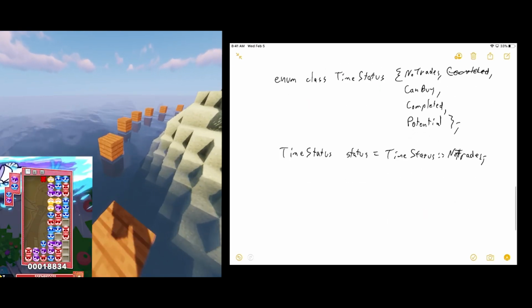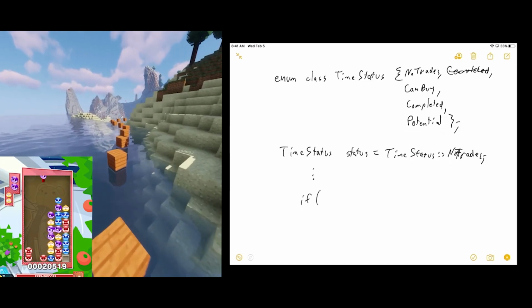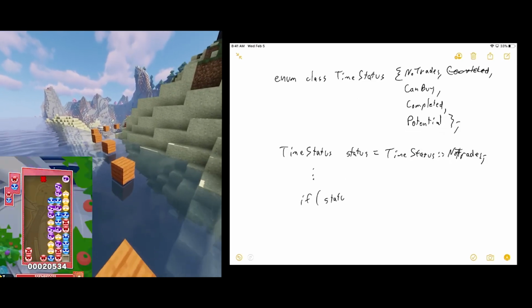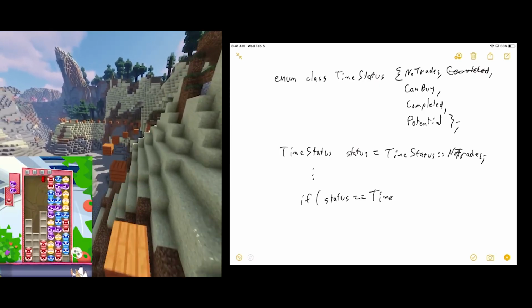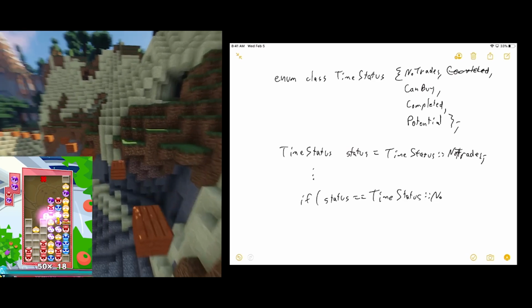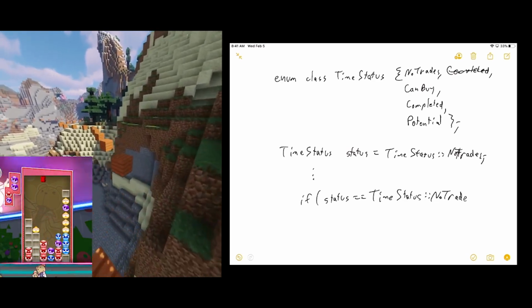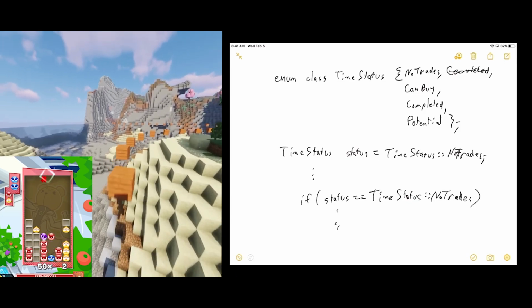And then I can do if statements with that enumerated type, like later on I could say if my status is equal to time status, colon, colon, no trades, I can do stuff. Could you do this with a number?